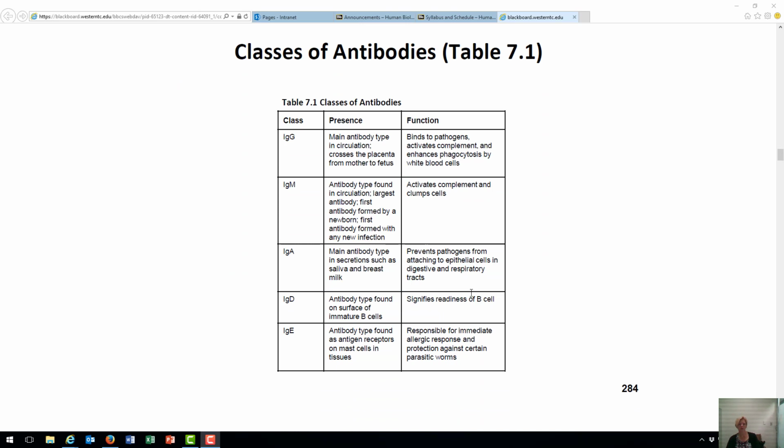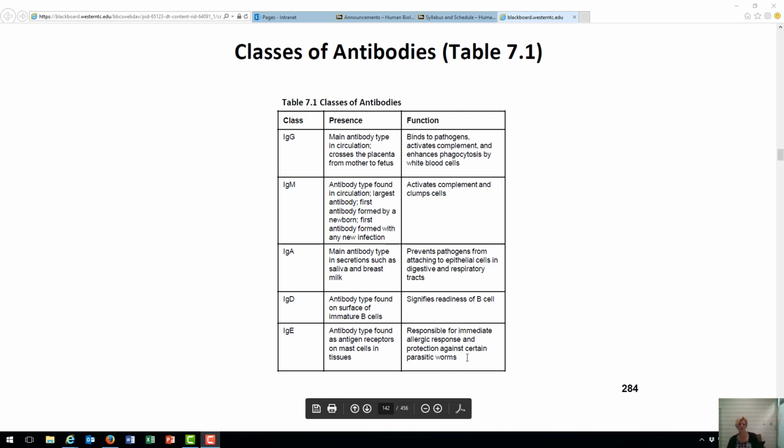So when we look at the different classes of antibodies, we can see that they have different locations, and what their functions are is a little bit different. For example, IgE is mostly secreted in response to allergic responses, allergies. So people with food allergies and allergies to different things in the environment are going to have higher amounts of IgE.